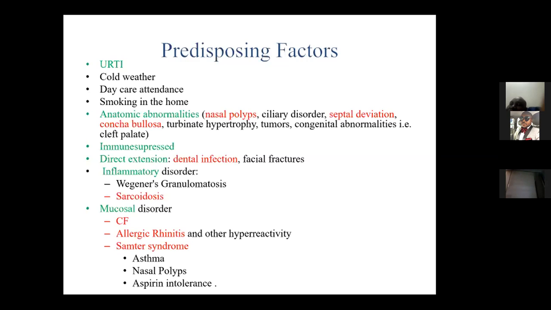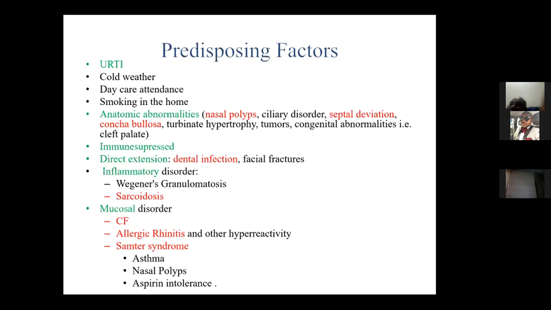Immunosuppression can also predispose, like in HIV, diabetics, and even direct extension of dental infections. Cleft palate and cleft lip can also predispose to rhinosinusitis. Facial fractures can predispose.